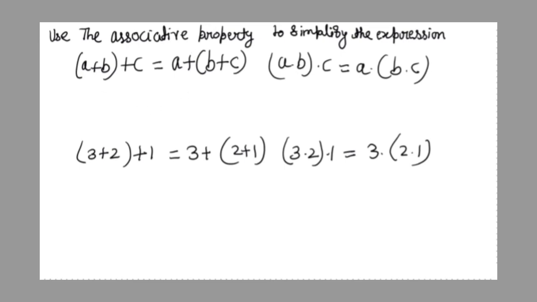So this is the associative property. In other words, no matter how we group the numbers together, we're still going to end up with the same answer. Here on the left we end up with a plus b plus c, and here on the right hand side also a plus b plus c.